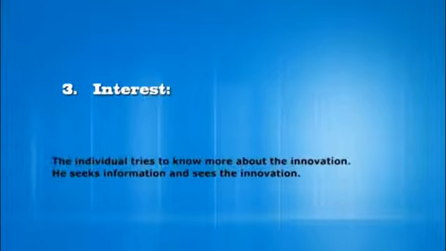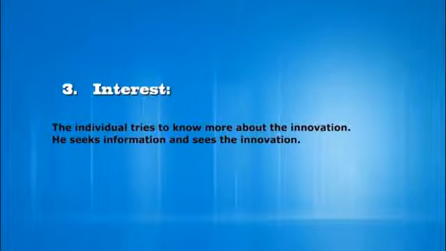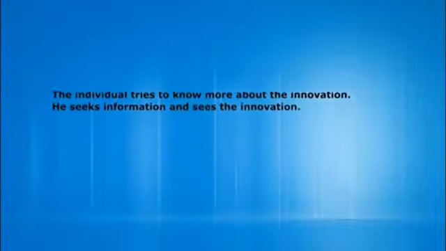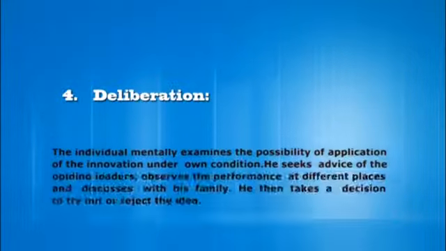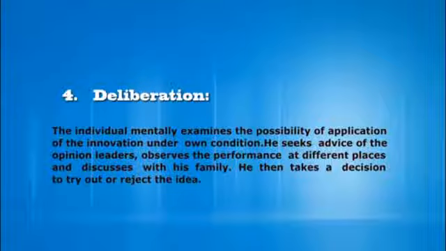The third stage is interest. The individual tries to know more about the innovation. He seeks information and sees the innovation. The fourth stage is the deliberation. The individual mentally examines the possibility of application of the innovation under own condition.